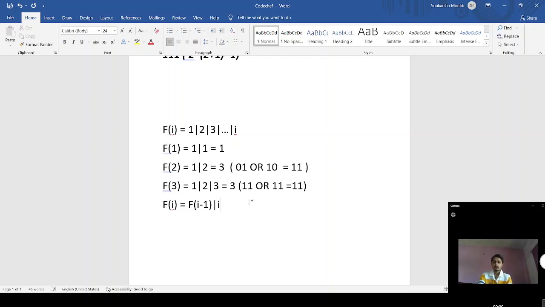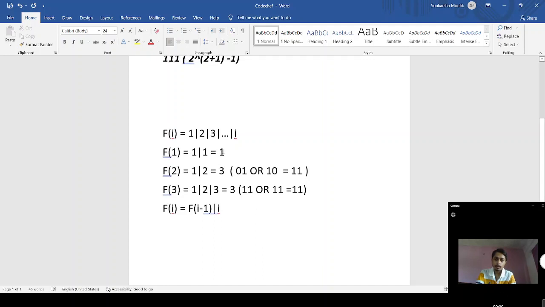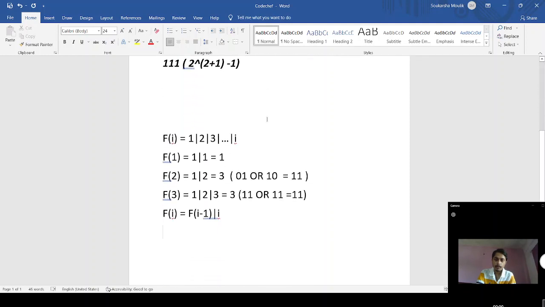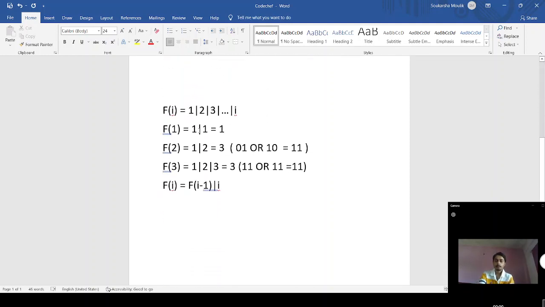Now, when we do the bitwise OR of two numbers which are of the form 2 to the power n minus 1 and 2 to the power n, we get 2 to the power n plus 1 minus 1. So f of 1, which is 1, is representable in the form of 2 to the power 1 minus 1, and 2 is representable in the form of 2 to the power 1.